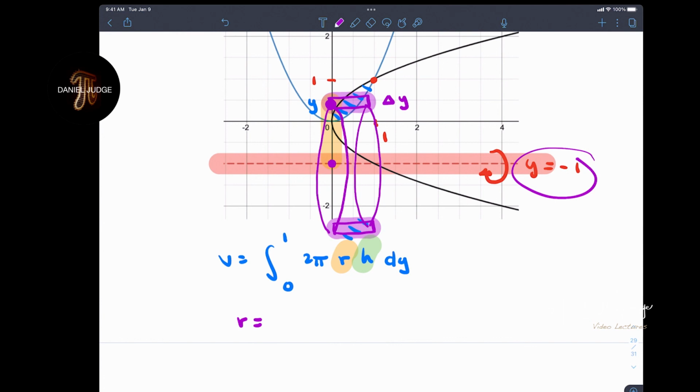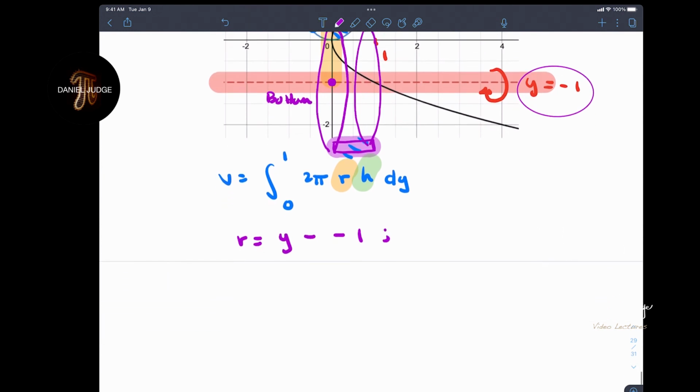We already know that over here. So top minus bottom is y minus a -1. This is how we measure vertical distance, so that the radius becomes simply y plus 1.